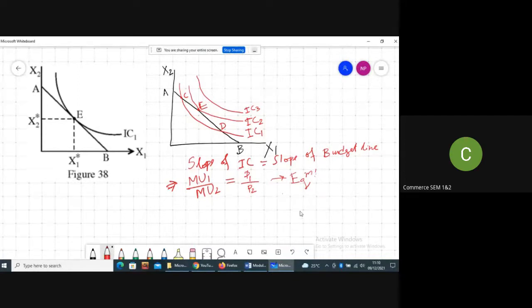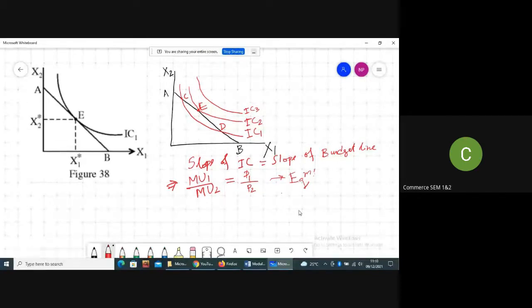So the consumer will purchase at point E, where he will be purchasing, say, OX amount of X1, this distance, and this distance, say, OY amount of commodity 2.